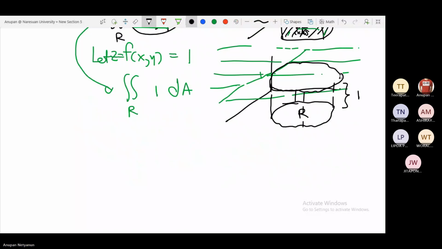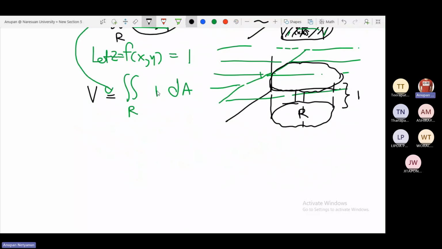But I'm going to use the advantage that this solid object has the height equal to 1 all around the area, okay? Then I can compute the volume in another way. The first way we can compute the volume is by double integral, where we have a function which is a constant 1 here.